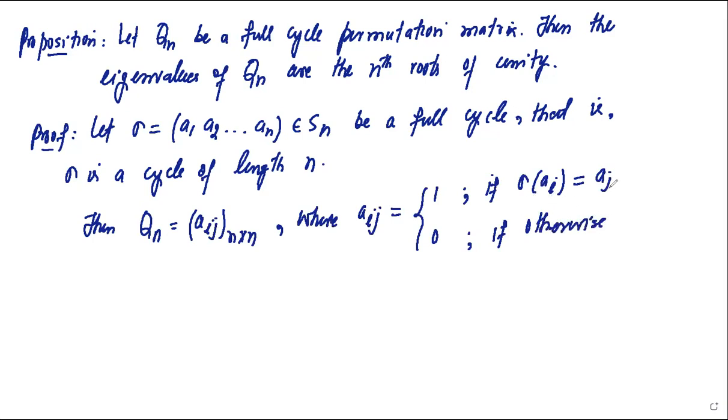If sigma of ai is not equal to aj, then we write the entry as 0, and the ijth entry of Qn is equal to 1 if sigma of ai is equal to aj.